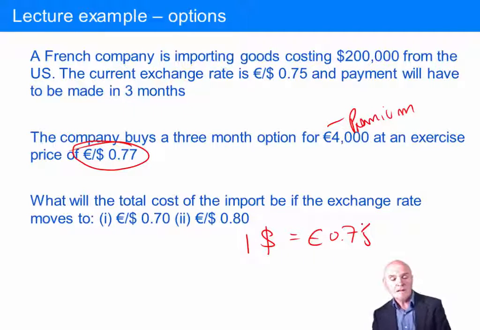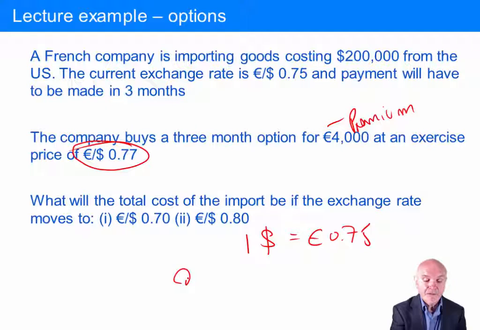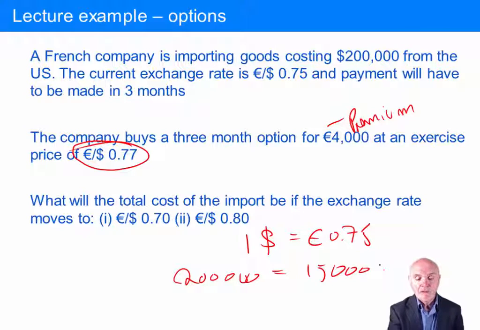So what we're going to do is multiply by this. If $1 is worth 0.75 euros, $200,000 is going to be worth 150,000 euros. So if the spot rate didn't change at all, we'd be looking at 150,000 euros.